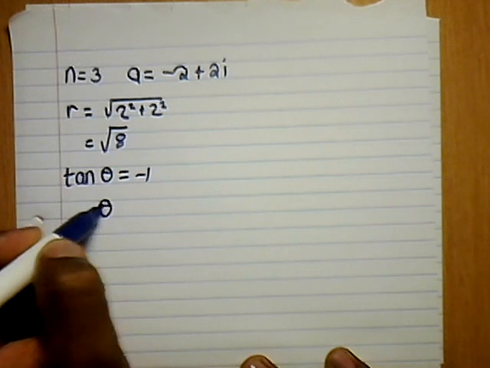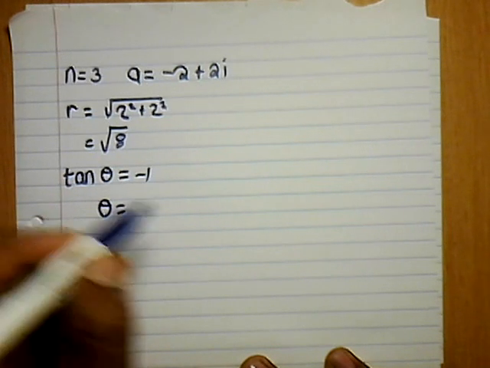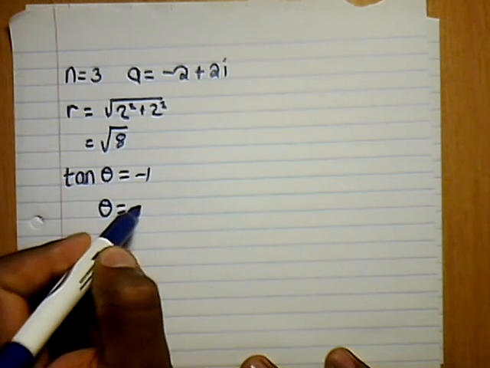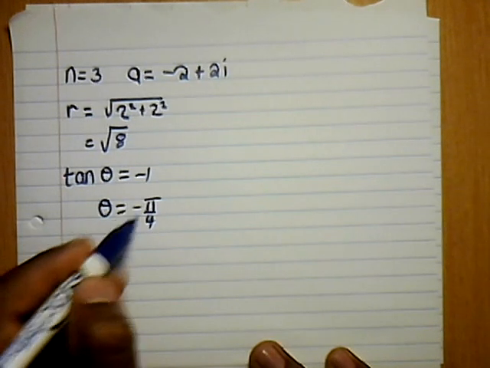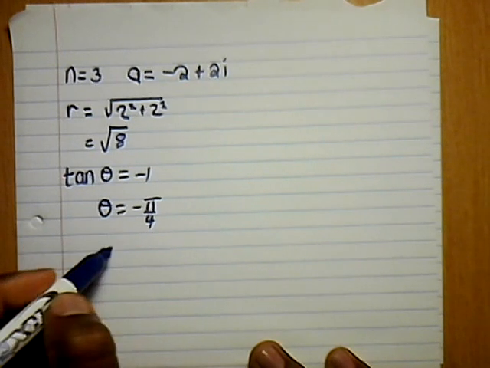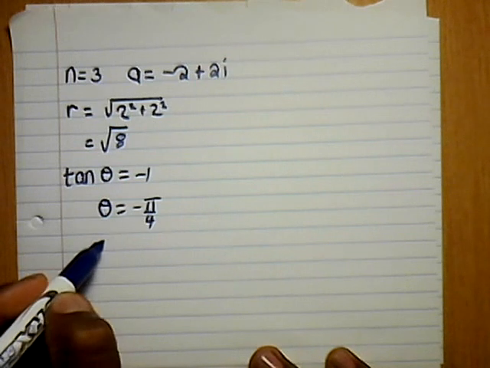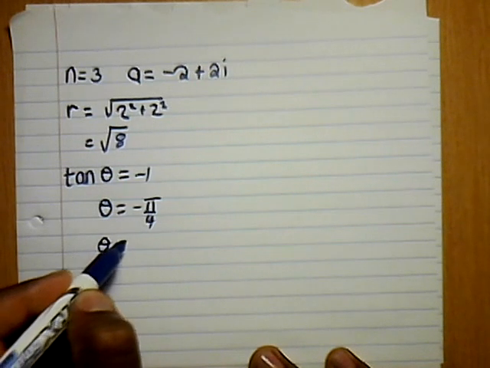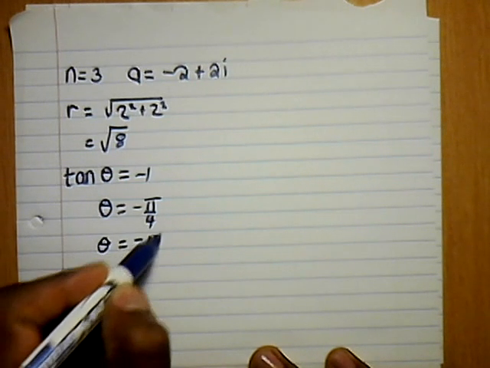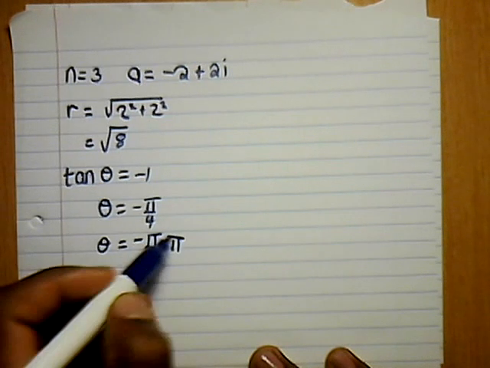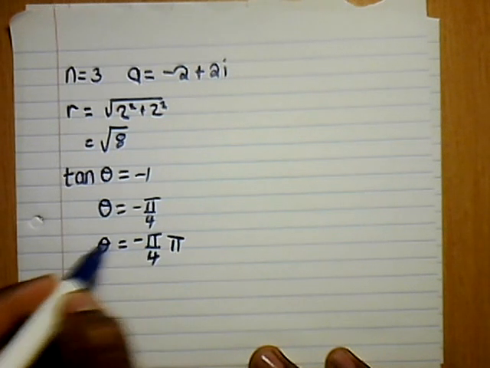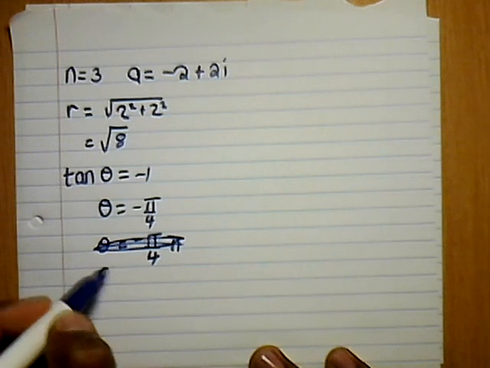Okay, and then the argument of a: tan theta is equals to minus 1. We find theta to be equals to minus pi over 4. Okay, but this angle here is the same as theta, which is equals to minus pi over 4 plus pi, sorry about that.